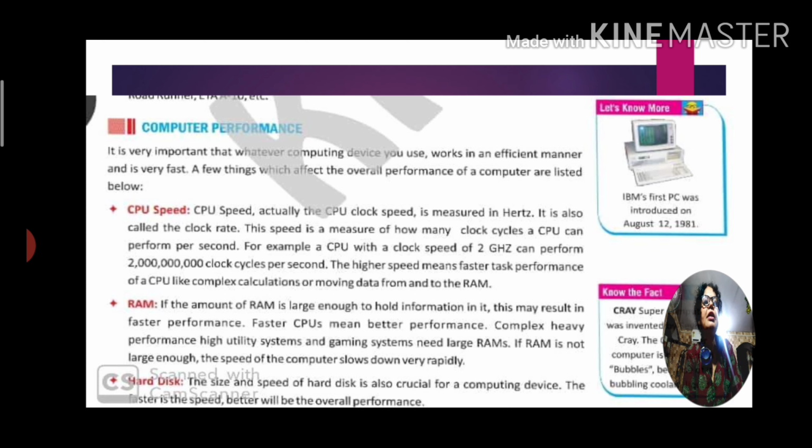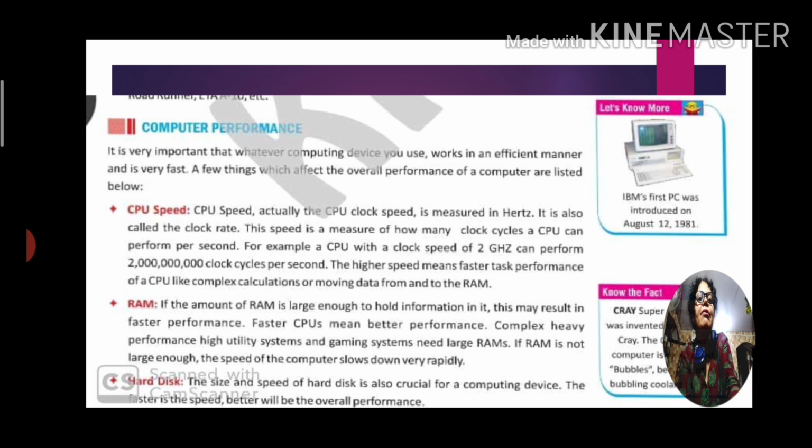It is also called the clock rate. This speed is a measure of how many clock cycles a CPU can perform per second. For example, a CPU with a clock speed of 2 GHz can perform these many clock cycles, as you are seeing on the screen, per second. Higher speed means faster task performance of a CPU, like complex calculations or moving data from one place to another.